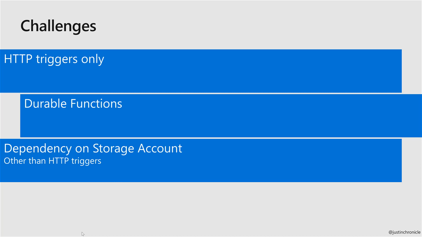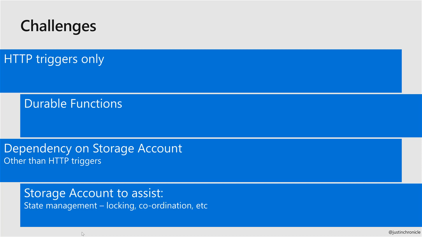The storage account is used for storing state data and some locking and coordination, right? For example, the timer trigger. In order to run a timer trigger, we have to know when the timer was last run and when it is going to run next time.